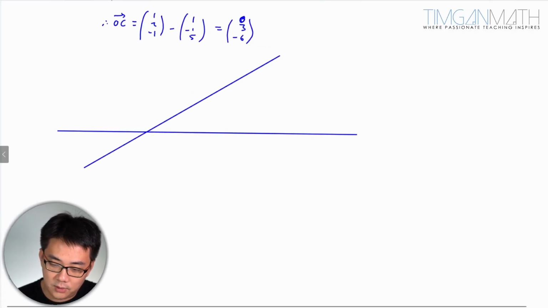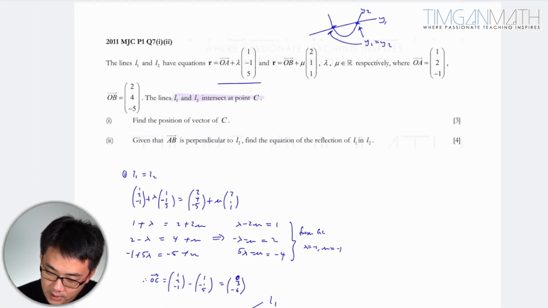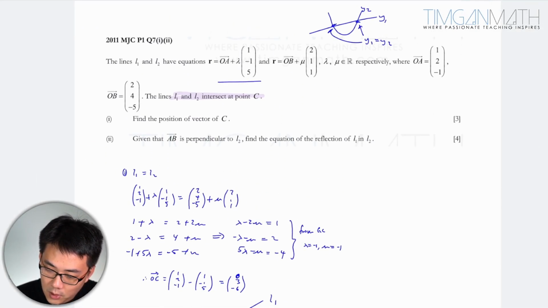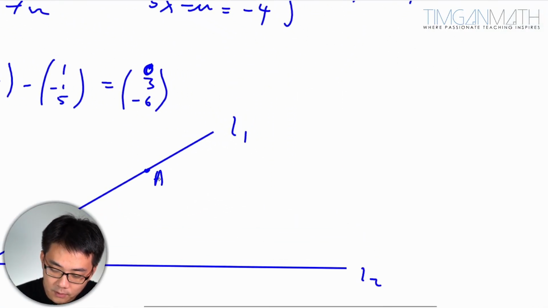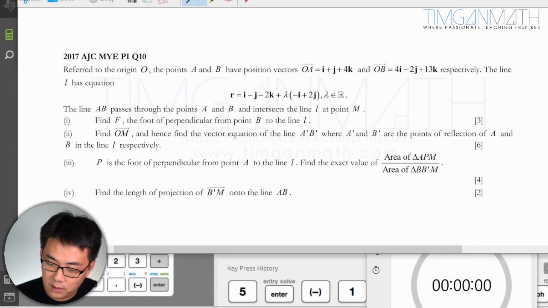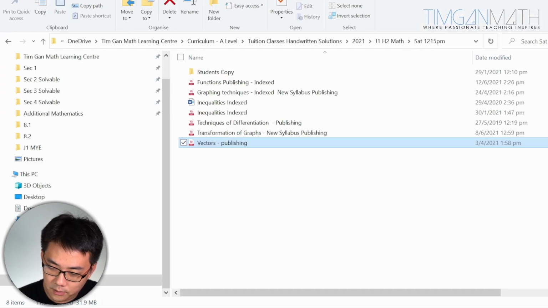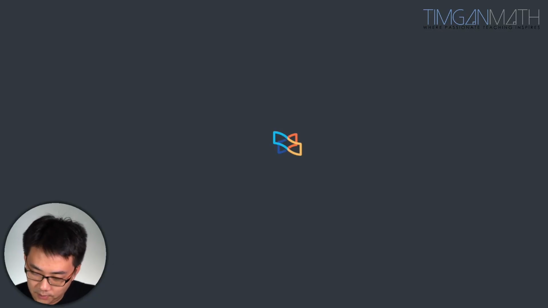So first thing is you know that the intersection of these two lines is C. Then after L1 and L2, okay, on L1 you have got A, which is 1, 2, -1.